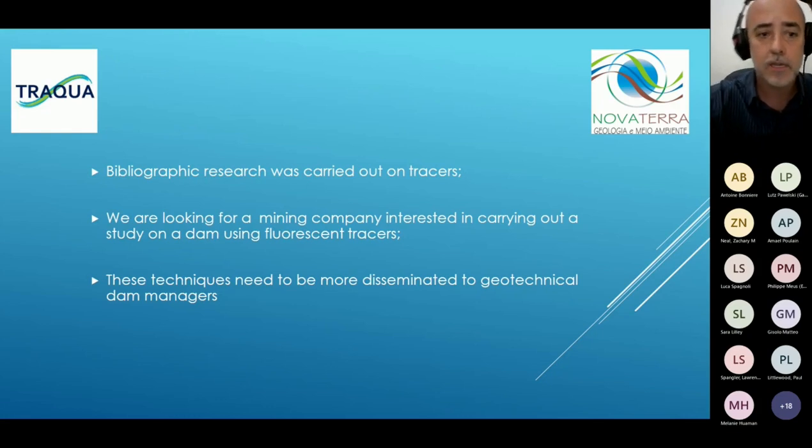And we need the geotechnical engineers to know these techniques.